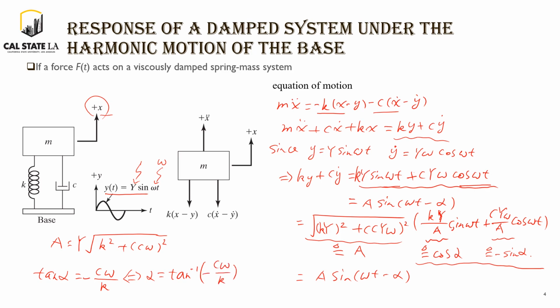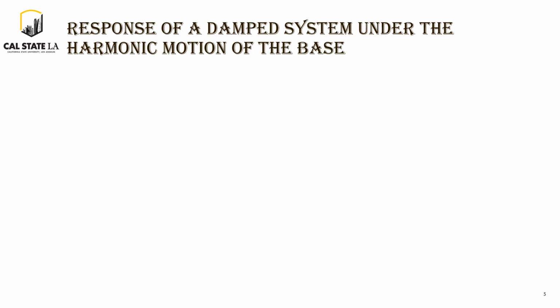So next, what are we going to do? We're going to replace ky plus cy dot by what we found, a sine omega t minus alpha. We have the conclusion for this equation of motion. So mx double dot plus cx dot plus kx is equal to a times sine omega t minus alpha.